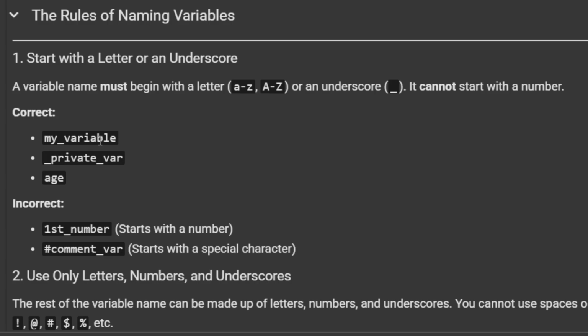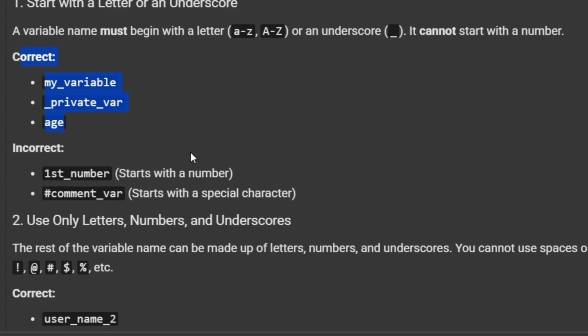These are the correct ways: my_variable, myVariable. Another example starts with an underscore, like _private_var, where var stands for variable, and age. So these are the correct ways to declare a variable name.